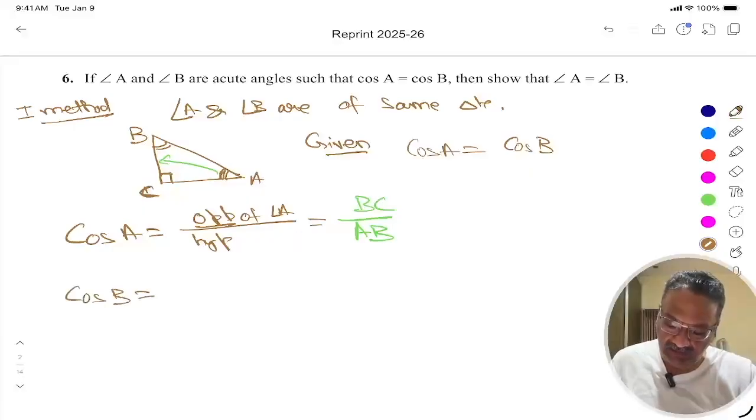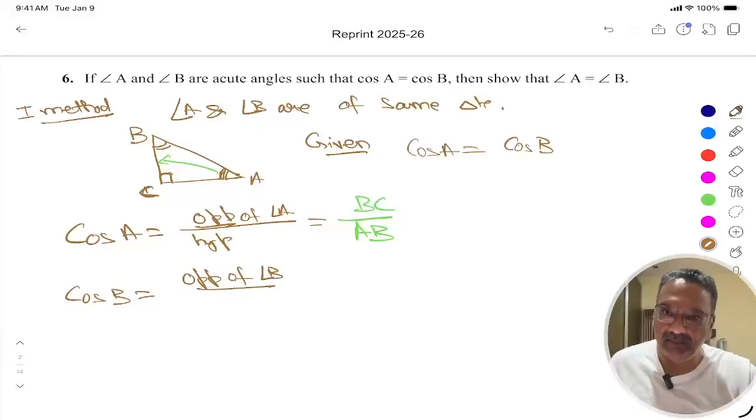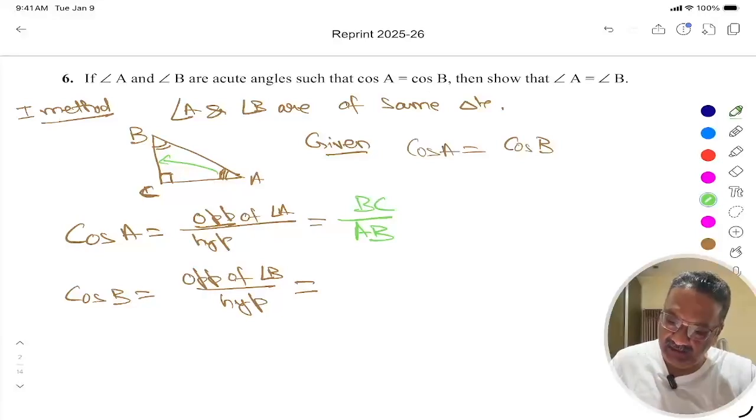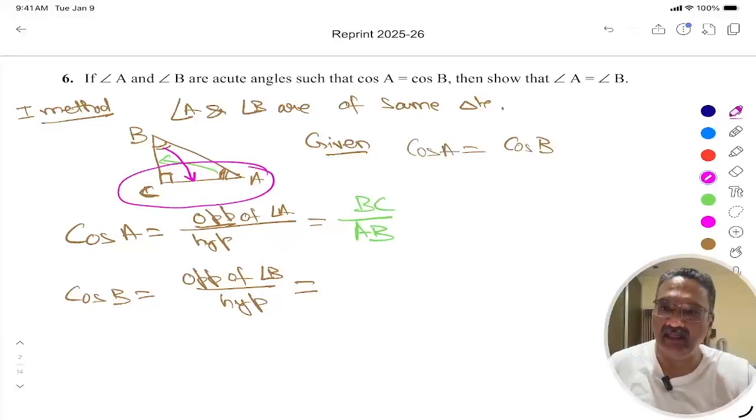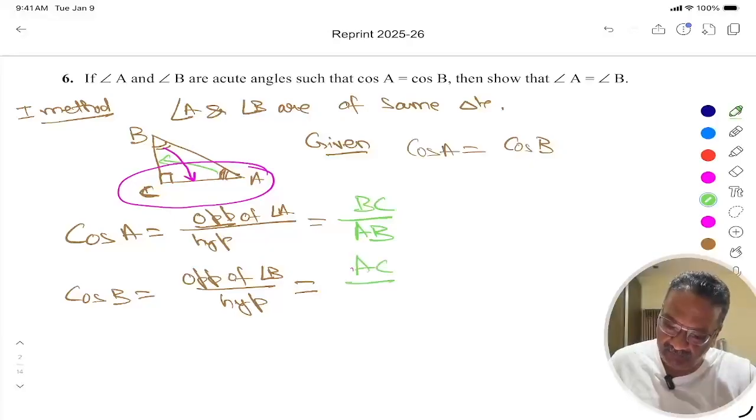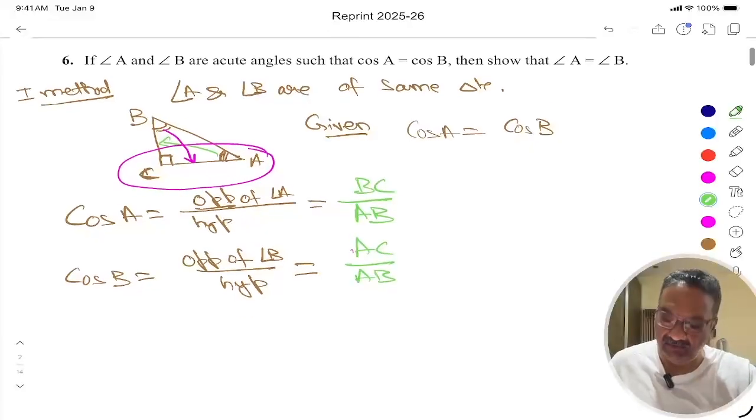Cos B is equal to the side related to angle B divided by hypotenuse. What is the side opposite to angle B in this case? It will be side AC. Correct? So this will be AC by AB. But what they have given is cos A is equal to cos B.